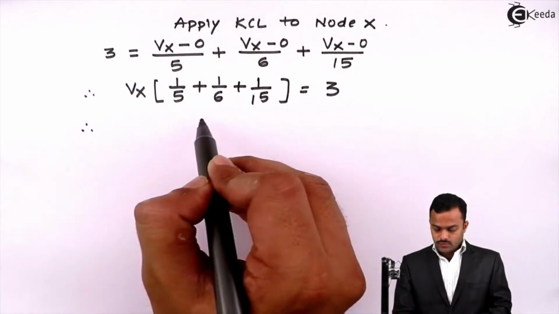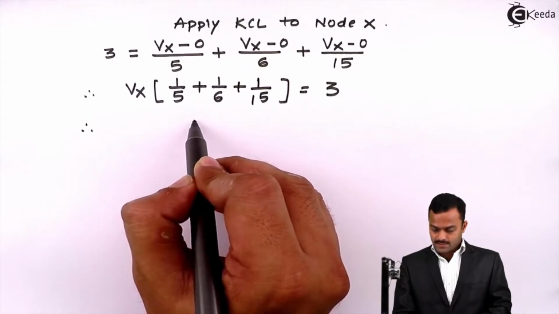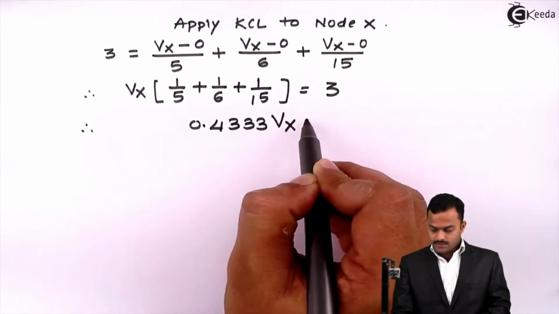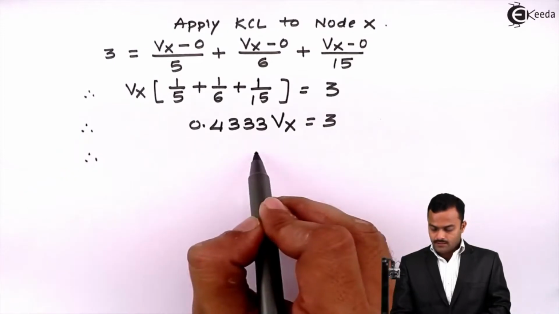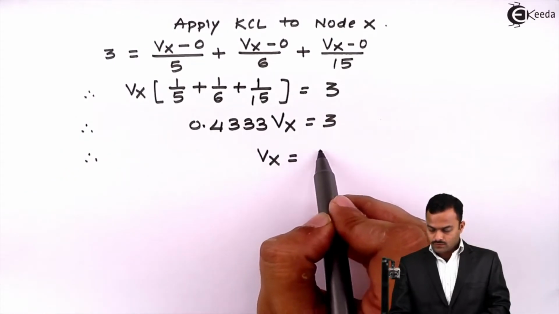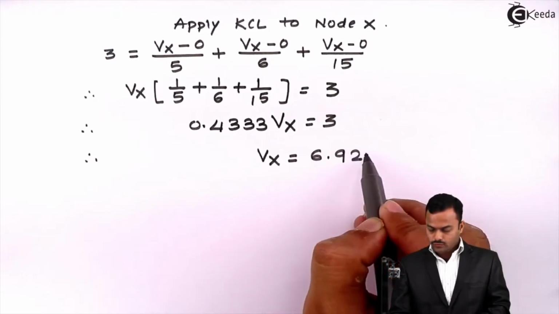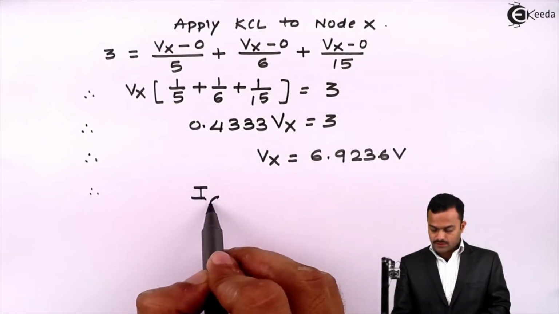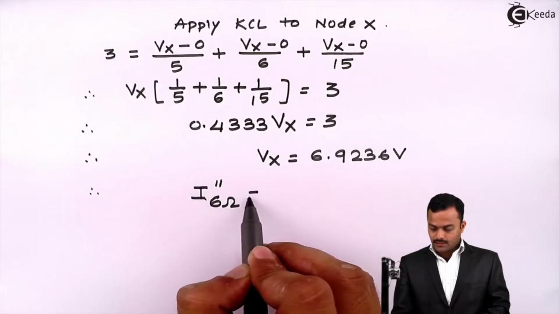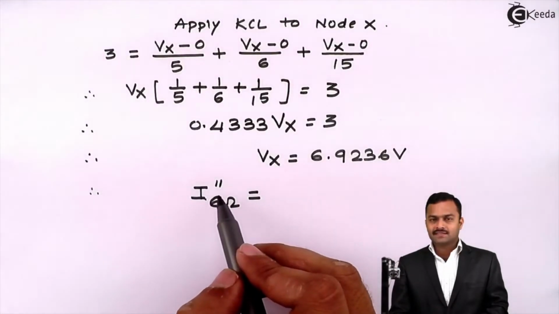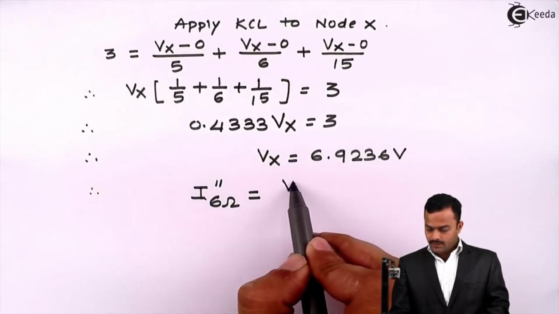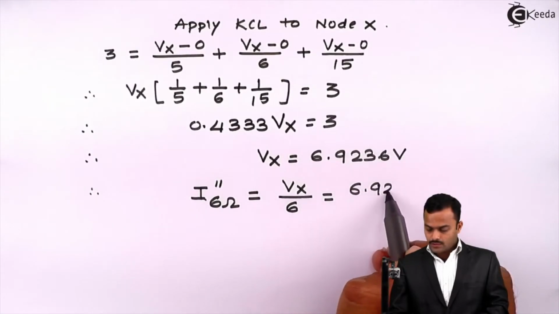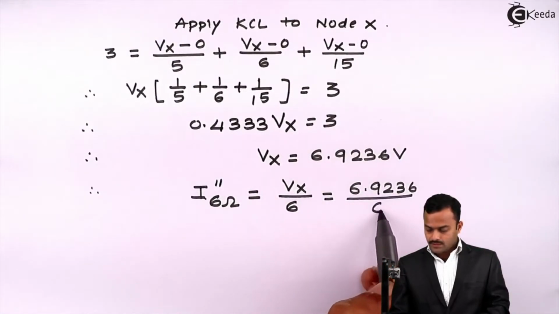If you solve this, you will get the coefficient of Vx as 0.4333, so 0.4333 Vx equals 3, and Vx equals 6.9236 volt. So the current flowing through the 6 ohm resistance because of 3 ampere acting alone is denoted as I double dash 6 ohm, and the formula will be Vx upon 6, equal to 6.9236 divided by 6.